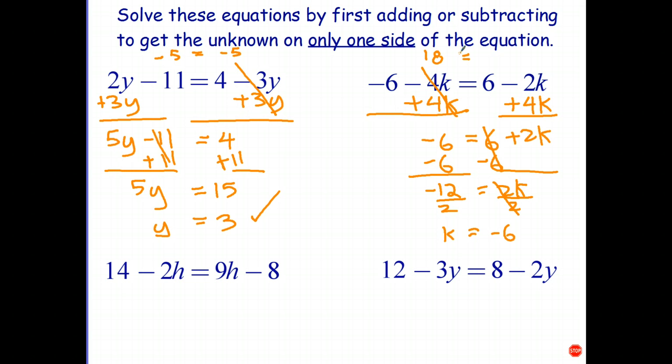Let's try it on the right-hand side. 2 times negative 6 is negative 12. 6 subtract negative 12 is the same as 6 plus positive 12, which is 18. And that's correct. So again, it might be easiest, just to be absolutely certain, if you actually use a calculator to substitute negative 6 on that side, substitute negative 6 on that side, and check that you end up with the same answer.